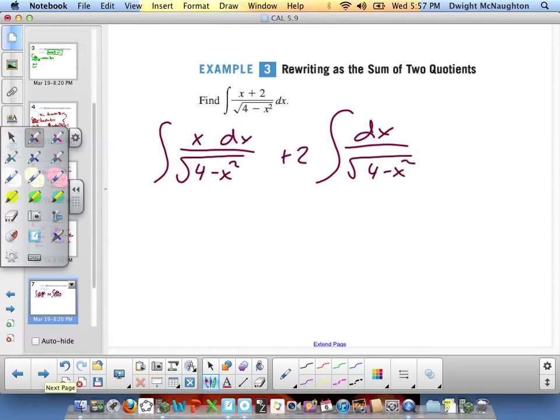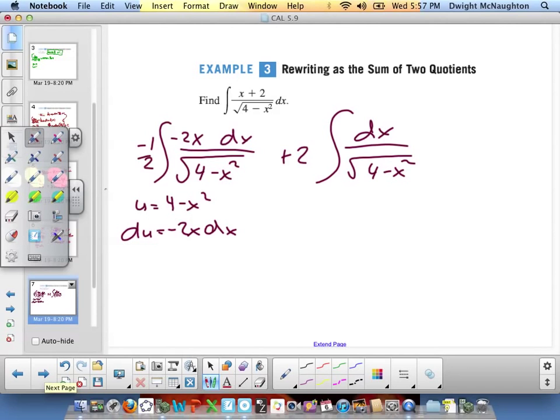All right? Now, the left one doesn't fit any of the inverse trig patterns. But if I look, the degree on the bottom, u equals 4 minus x squared, that will differentiate to something similar to what's up top. Very similar. It's not exact, but I can make it exact by multiplying by -2. I, of course, have to balance it by multiplying by -1/2.